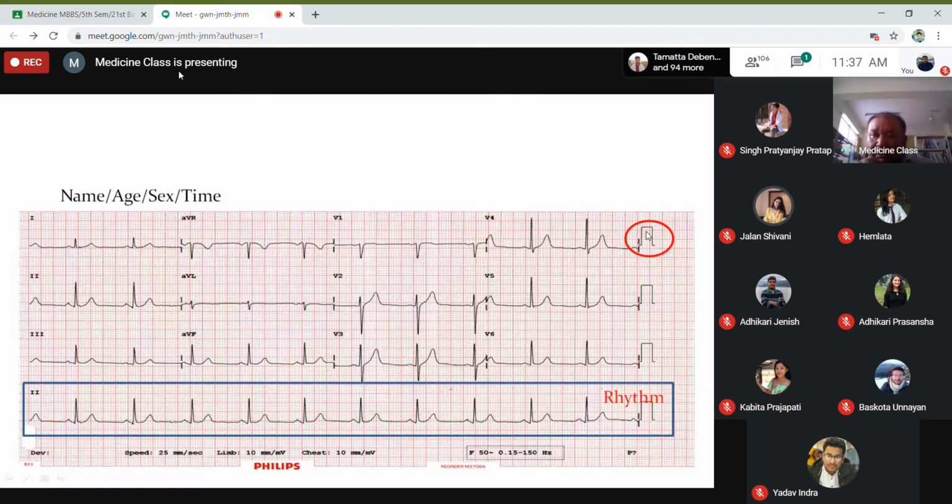Now, sometimes in some other ECGs, you may find that this is 5 only, not 10. That means the recording has been done in half amplitude. So the amplitude shown in this graph is not correct. For the correct amplitude, you have to multiply by 2, because 5 into 2 is 10, isn't it?